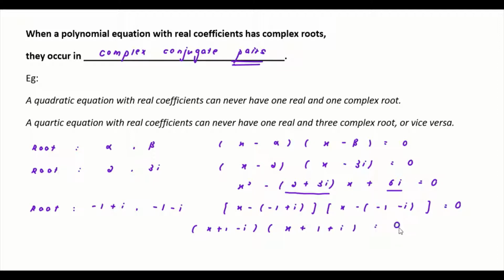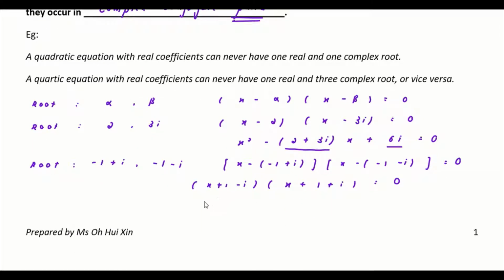When we expand, you can see that they are going to eliminate each other. So x squared, then plus x, plus ix. Then when we continue, plus x, then plus 1, and then plus i, then minus ix, then minus i, and then minus i squared.